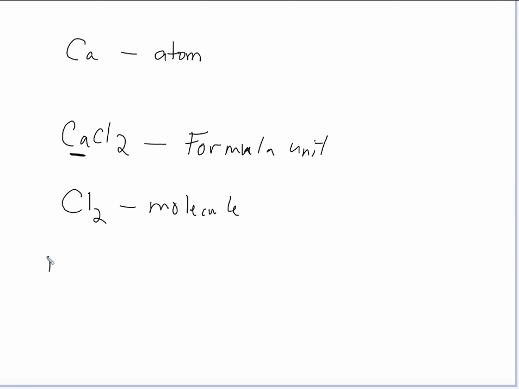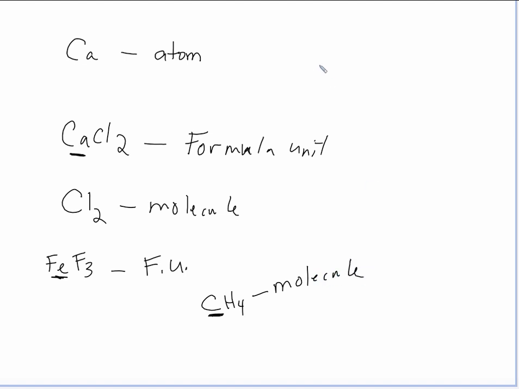So, for example, if we had iron 3 fluoride, FeF3, iron is a metal, so it is a formula unit. If we had something like CH4, carbon is a nonmetal, so this will be a molecule.